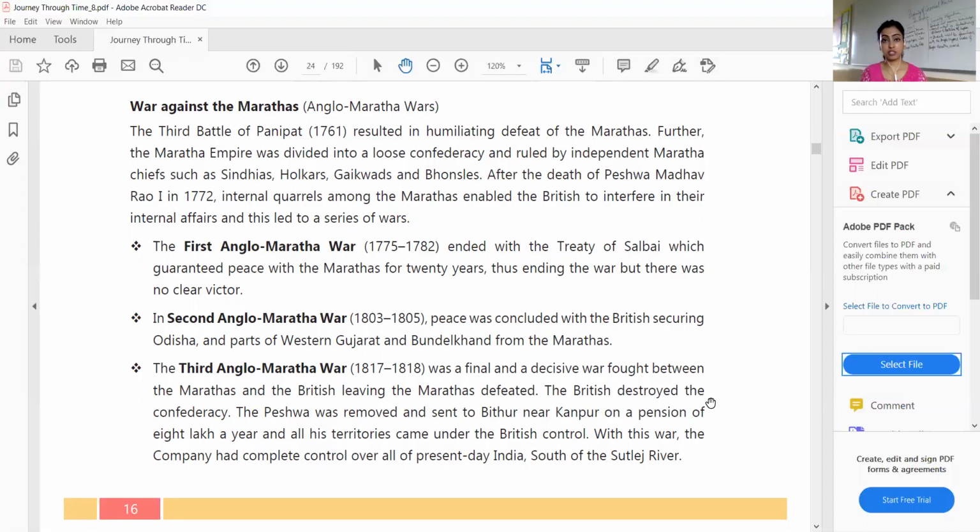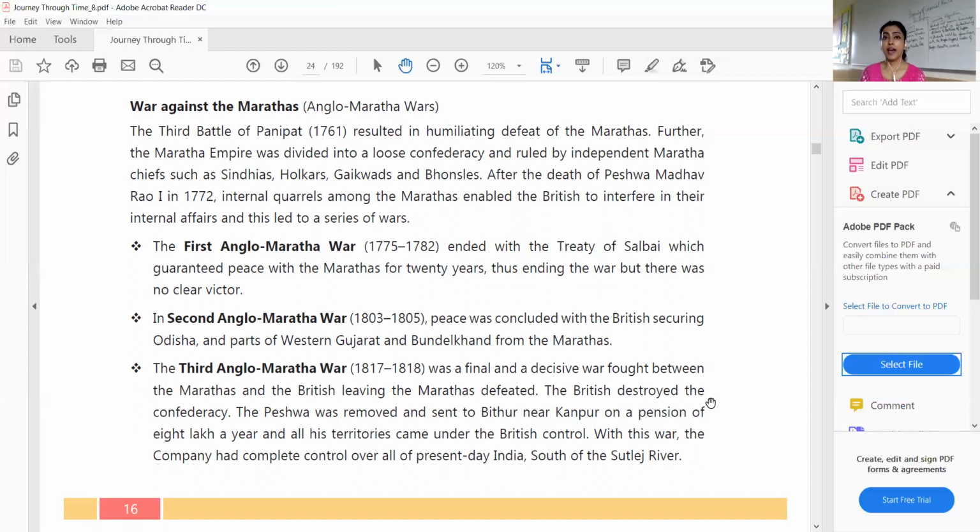The British destroyed the confederacy, and the Peshwa was removed, and he was sent to Bithur, a place near Kanpur, on a pension of 8 lakhs a year. The British said that you are removed from your position, you go to Bithur, you stay there, and every year they will be sending 8 lakhs of rupees.